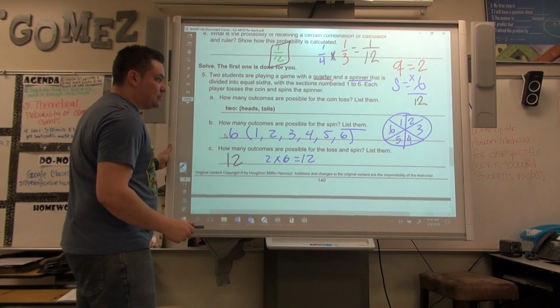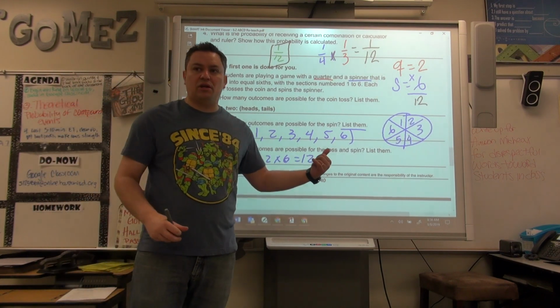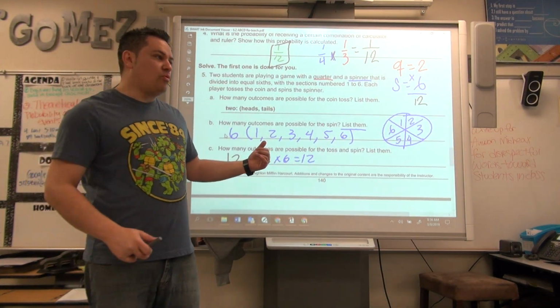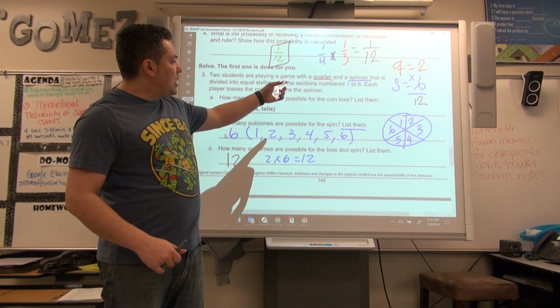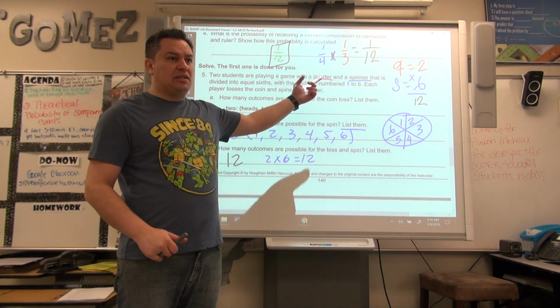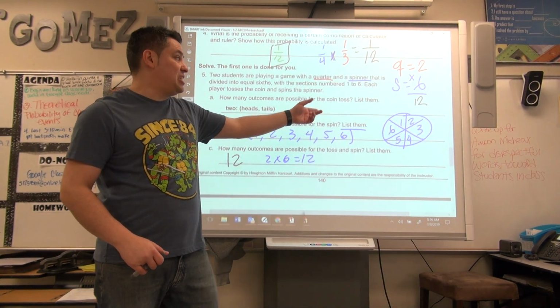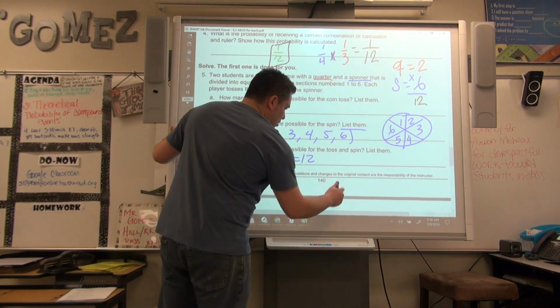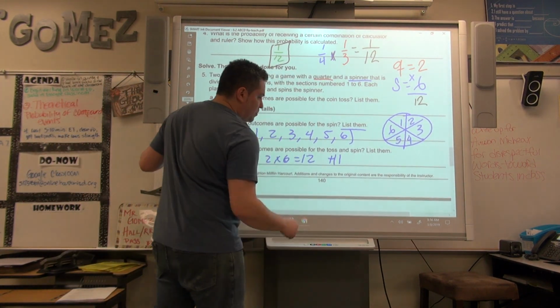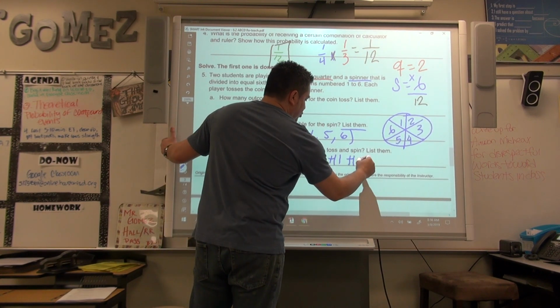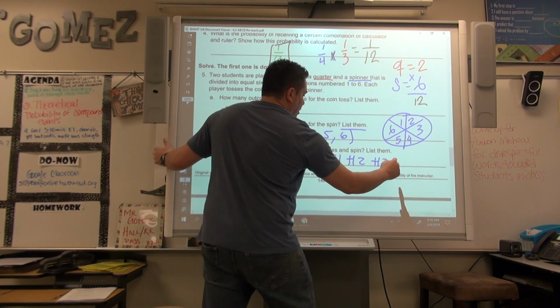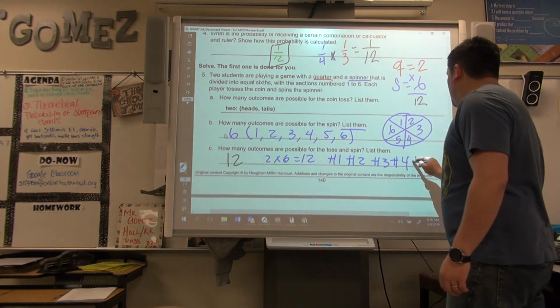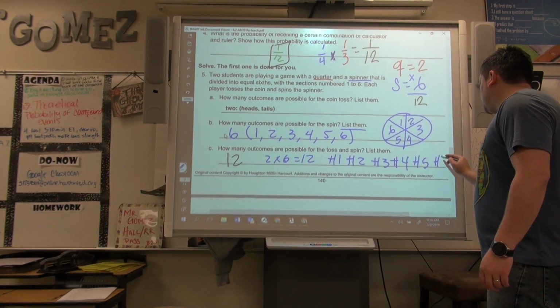It says list them, so you will have to do like on the other example, heads with 1, heads with 2, tails with 1, and so on. So you can do heads 1, heads 2, heads 3, heads 4, heads 5, and heads 6.